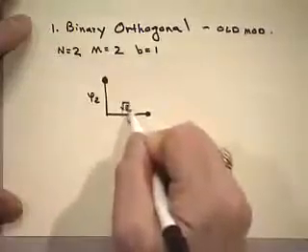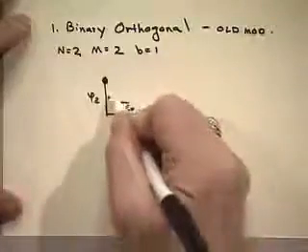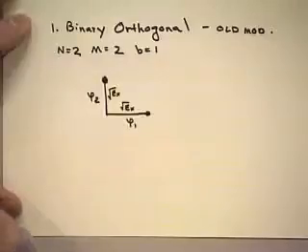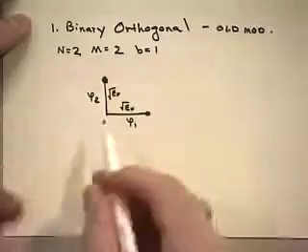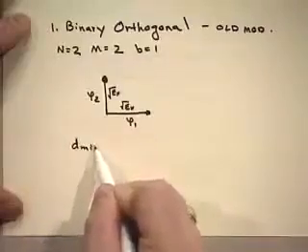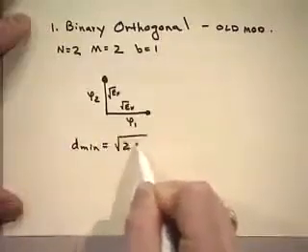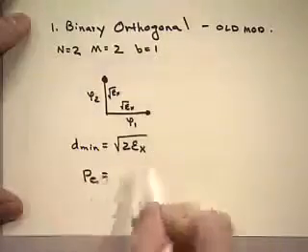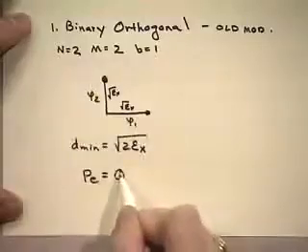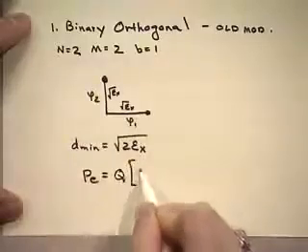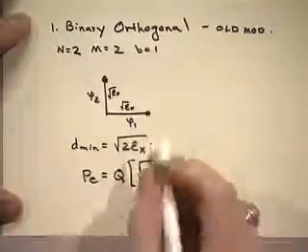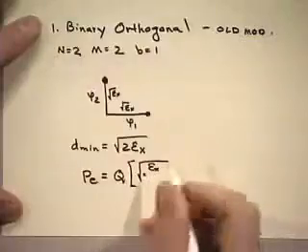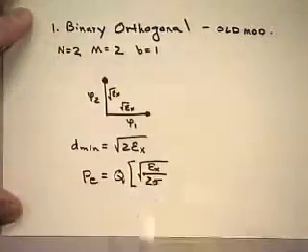Now clearly this is square root of EX on this axis, and if we also put square root of EX on the second axis, then the average energy is EX. The minimum distance, d min, is square root of 2 EX. And the probability of error is then, since there's one nearest neighbor, Q of square root of EX over 2 sigma.